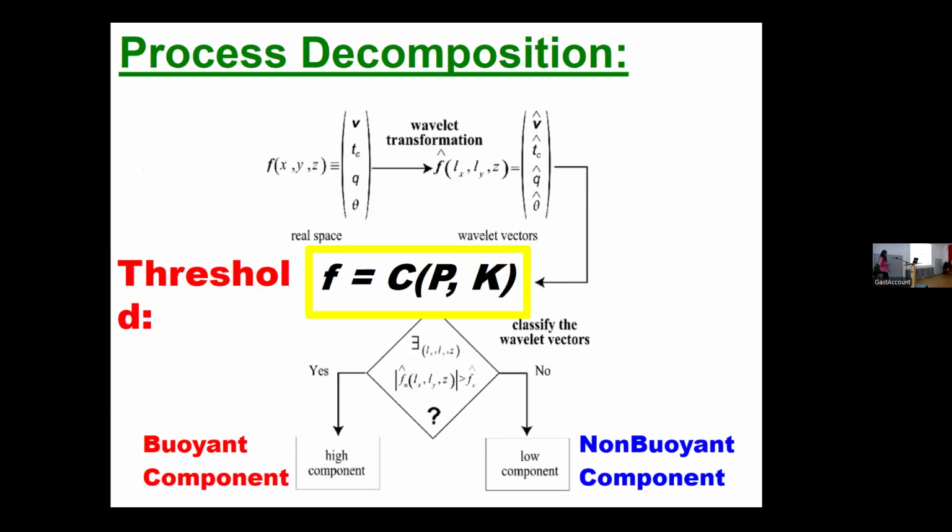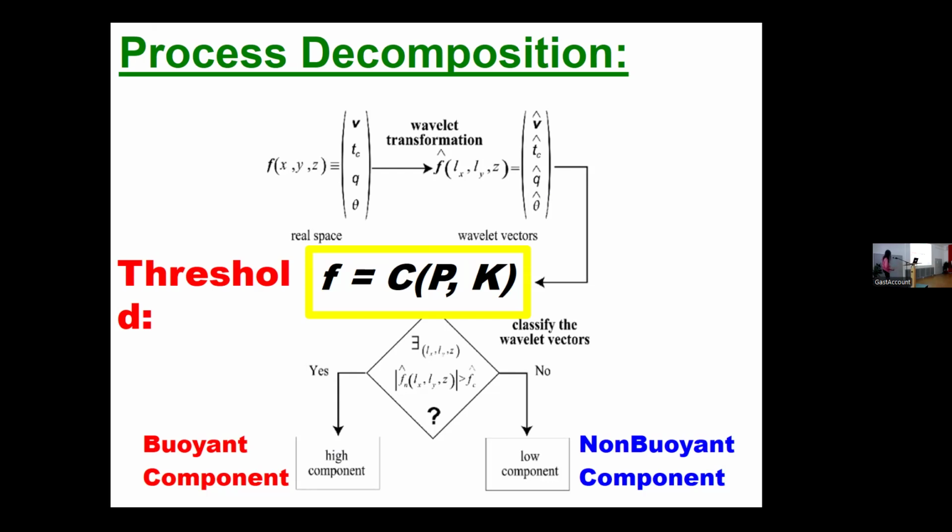So we get back to this wavelet analysis and try to figure out what's going on. We decompose a bunch of variables into wavelet space, and we do a kind of process decomposition. We pick a certain threshold variable and decompose the whole variable depending on whether this threshold variable is large or small.